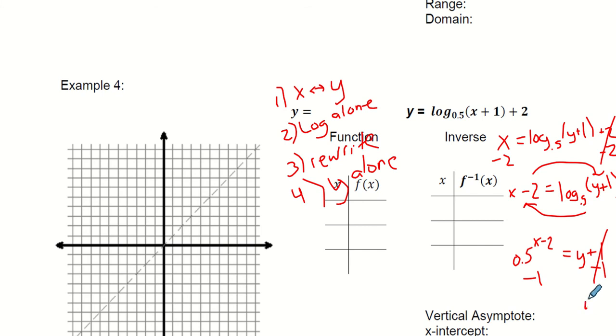So we've done this before, just not with these types of functions. 0.5 to the x minus 2 minus 1. And here's what you'll recognize, guys. These numbers just change. Minus 2, minus 1. And we still have the same base, all that.